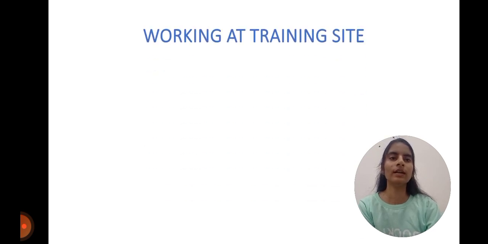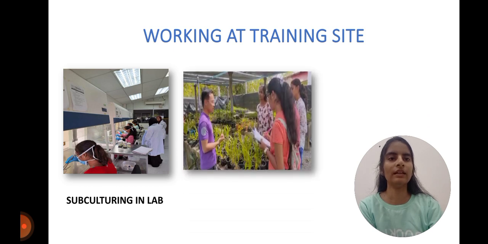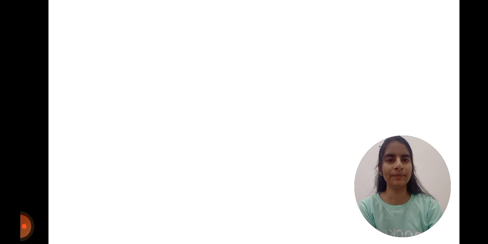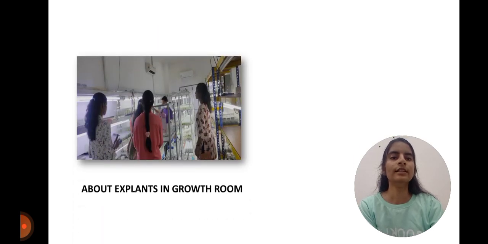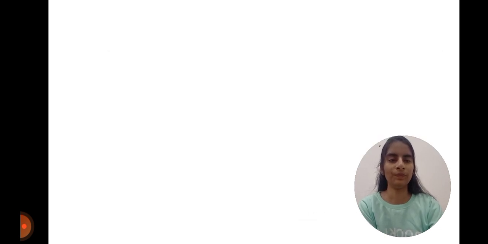At the working site, this is the subculturing in the lab, this is a picture of the nursery and the media preparation, this is the explants in the growth room, and this is the reporting and presentation in the laboratory.